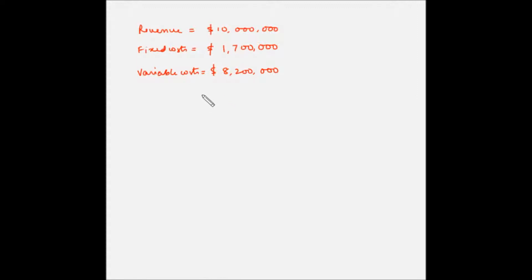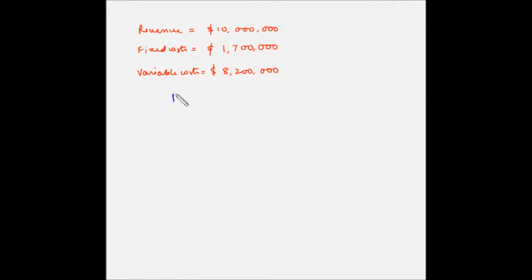So first, let's find out what is the expected budgeted operating income based on these numbers. Now the budgeted operating income is nothing but the operating income expected based on the budgeted numbers. And we know that operating income is nothing but profit.